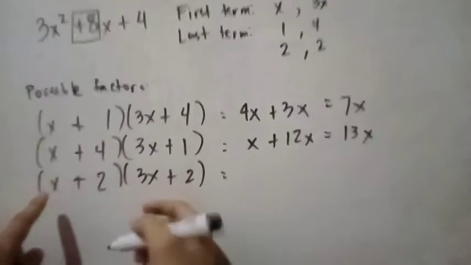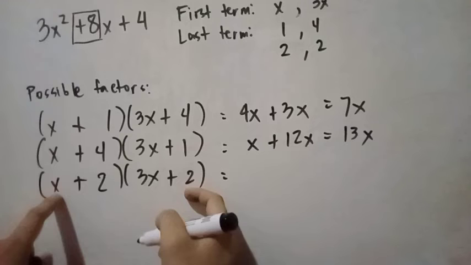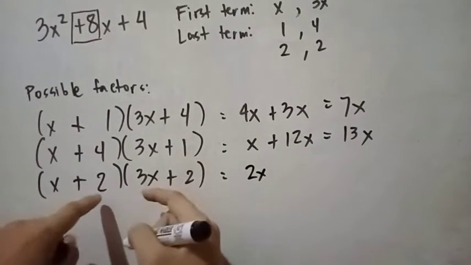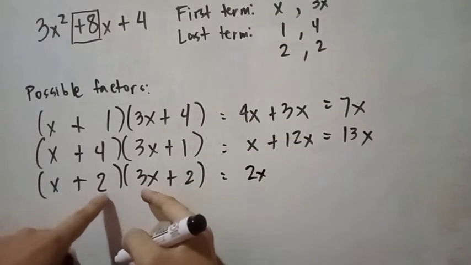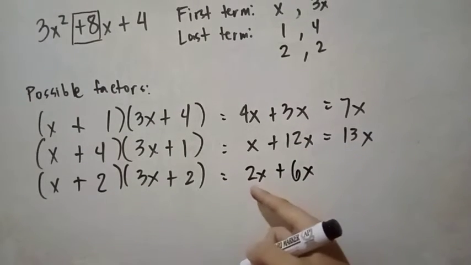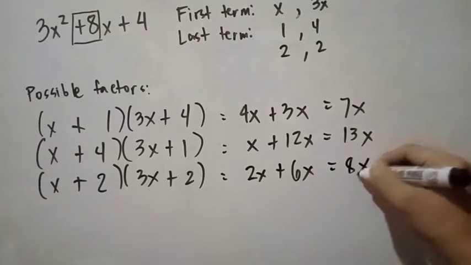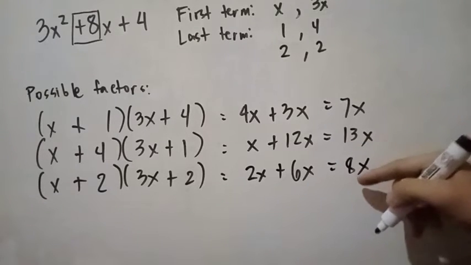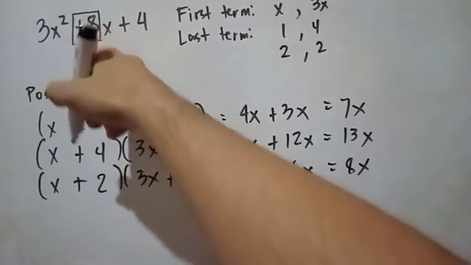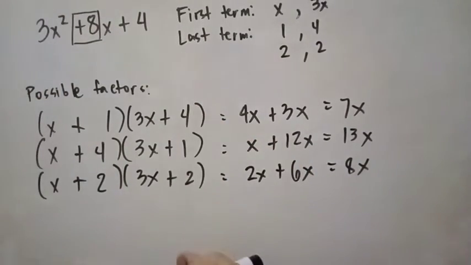Okay. Next. Dito naman, outer terms, x times 2 is 2x. And 2 times 3x is 6x. And then add natin, 2x + 6x is 8x. And yes, nag-equal itong 8x sa middle term natin. Okay? Isa lang ang ibig sabihin niyan.